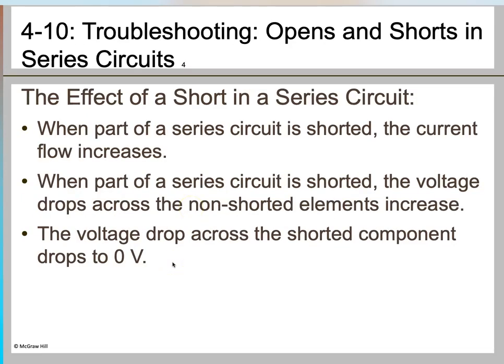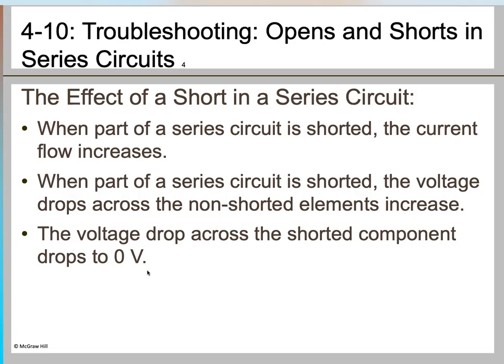Now, effect of a short in a series circuit. When part of a series circuit is shorted, the current flow increases. We already saw that the resistance is going to be small or zero. So when part of a series circuit is shorted, the voltage drops across the non-shorted elements increase, and the voltage drop across the shorted component drops to 0 volts, because the resistance is 0.